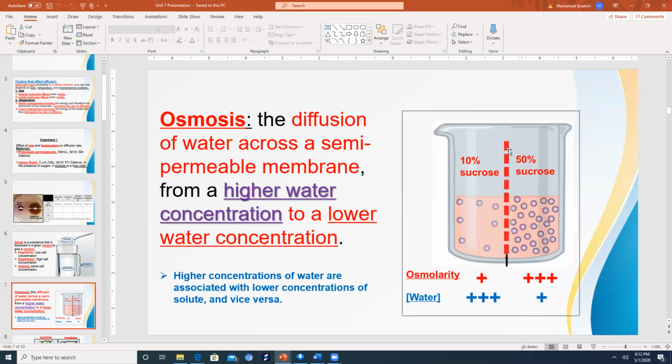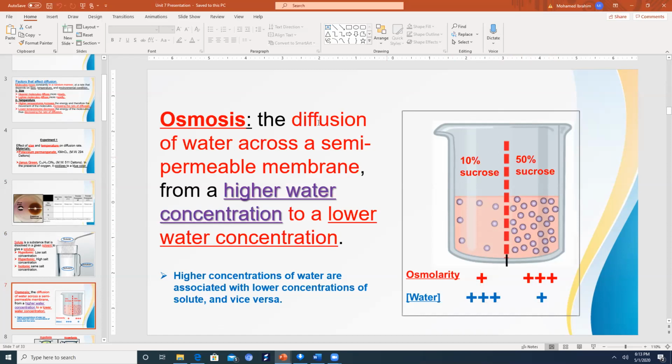So here is for you, I have a beaker. I have two different solutions, 10% sucrose and 50% sucrose. And they are separated by a membrane which is semi-permeable and allows only water to diffuse. First of all, before allowing water to diffuse, of these two solutions, which one is hypotonic and which one is hypertonic?